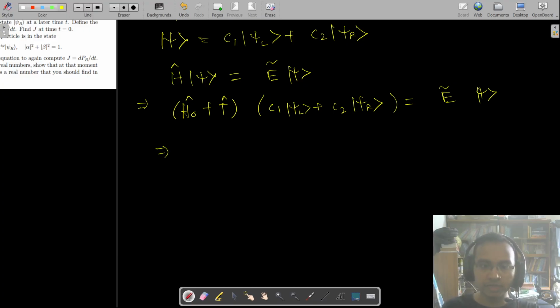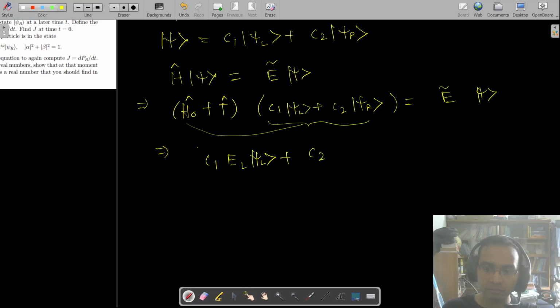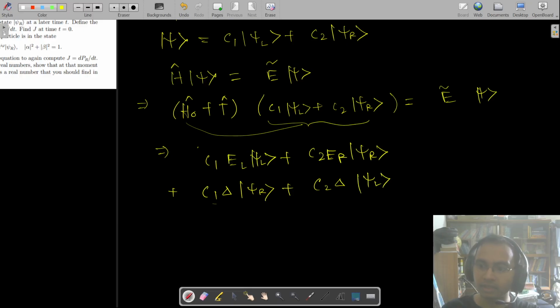Now if H naught acts on psi L, we know that it gives us E_L times psi L. So H naught acting on those two terms should give us this, and then T should act on this linear combination, and that should give us delta, since it reverses the state. So the first term gives us this, and the second term should similarly give us this thing.